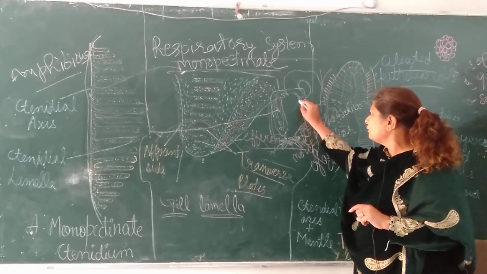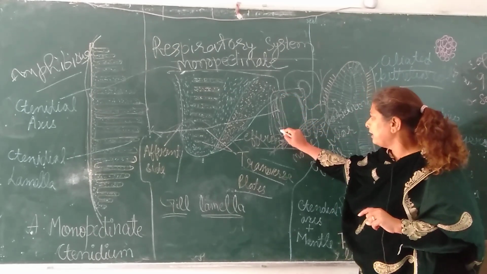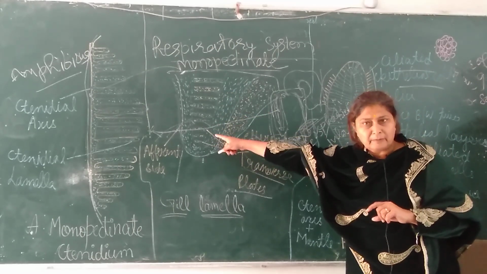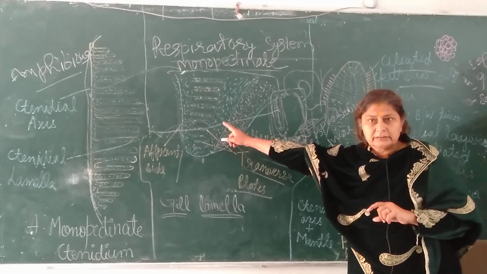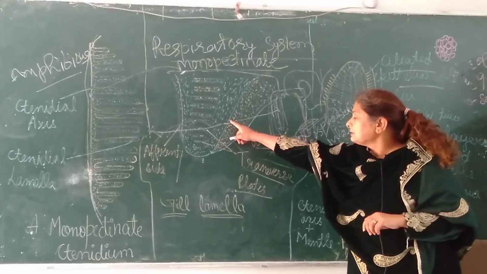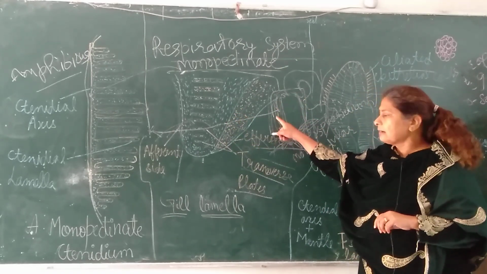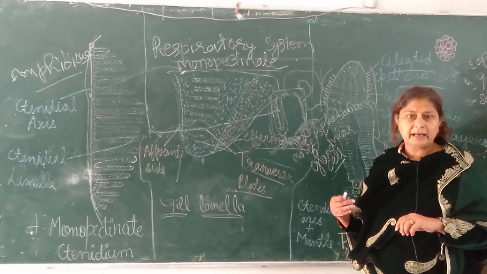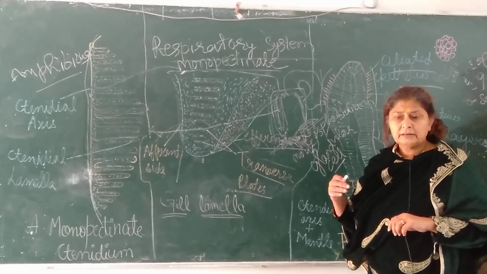Now water enters through here and moves here. After this, there is a huge blood supply. Is that okay? They carry the deoxygenated blood. Now the water enters, gives the oxygen and takes the carbon dioxide.